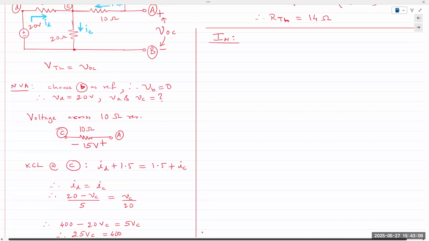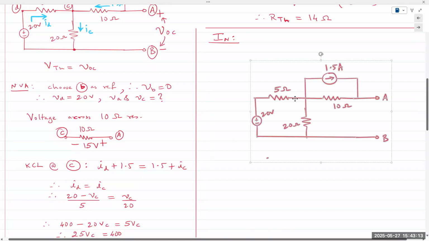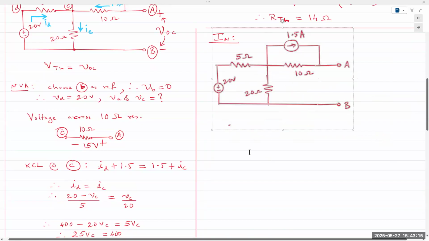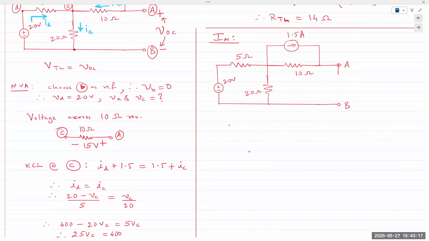We redraw the circuit. And this time we short it out. And now we need to determine ISC. So what do you think? What technique do you want to use? Node voltage, mesh current, or superposition?